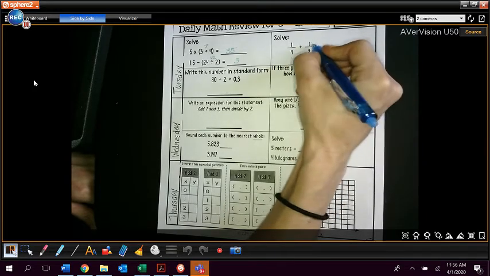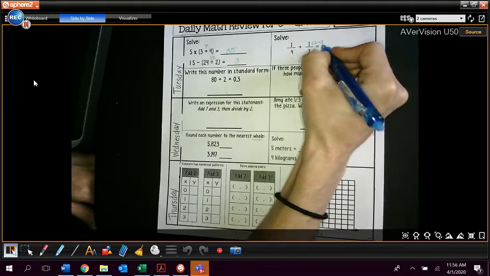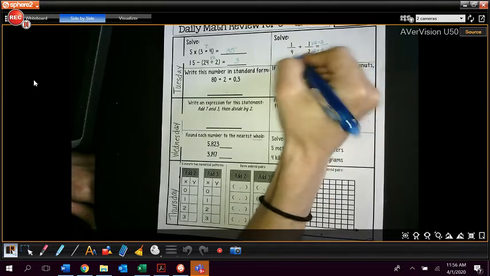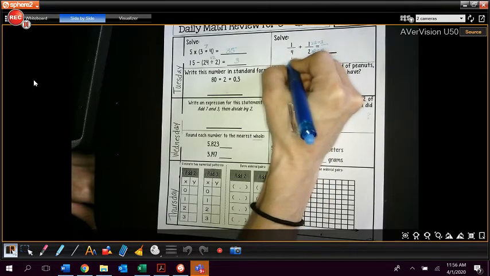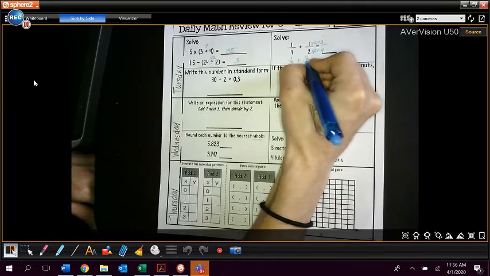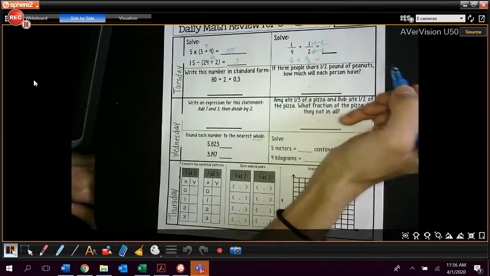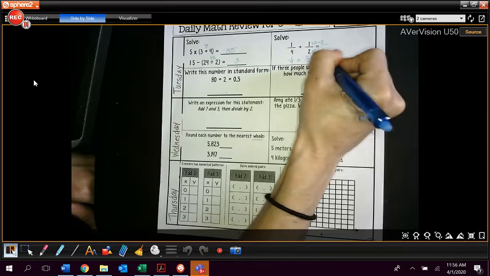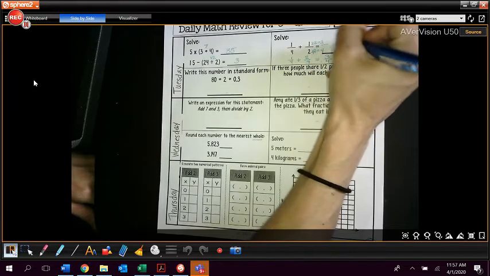So 1 times 2 gives you 2. Instead of 1/2, we're going to rewrite this problem as 1/4 plus 2/4. Now that we have the same denominators, we are able to solve. Our answer is 3/4.